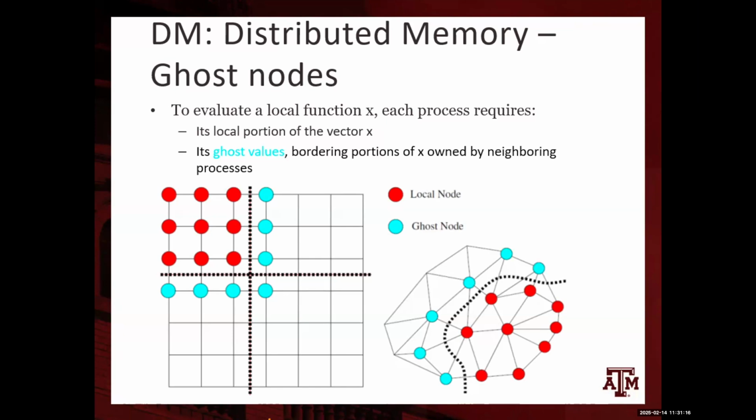On a structured grid, you can have the same thing. The ghost nodes are also where we transfer information. So this information comes from this node to here.